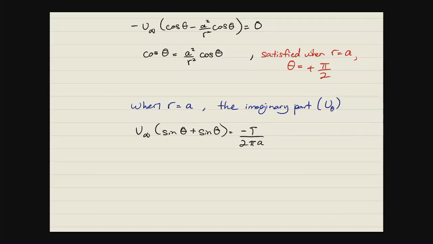Rearranging it, sine theta is equal to negative gamma divided by 4 u infinity pi a. Therefore, theta is equal to arc sine of negative gamma over 4 pi u infinity a.